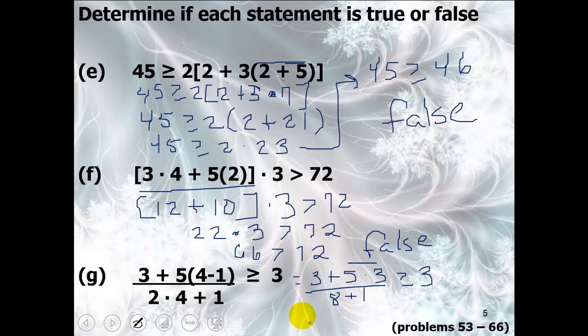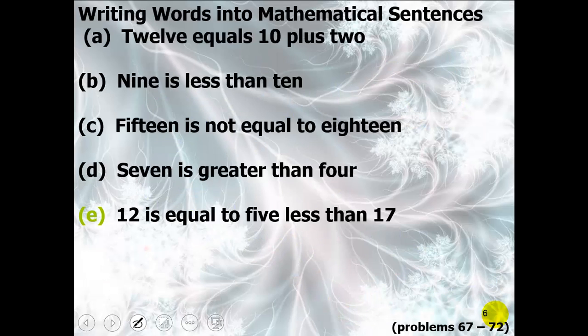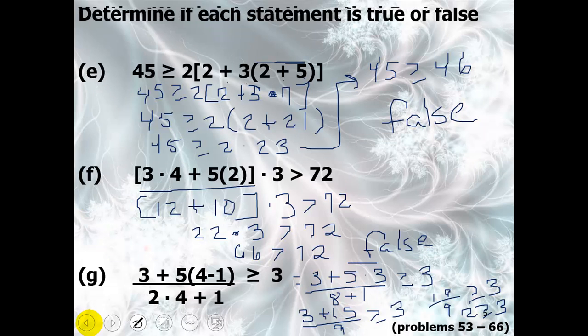So I have 3 plus 15 over 9, and I want to see if that's greater than or equal to 3. 3 plus 15 is 18 over 9, and that's 2, which is not greater than or equal to 3. So, whoops-a-daisy. This answer is false.